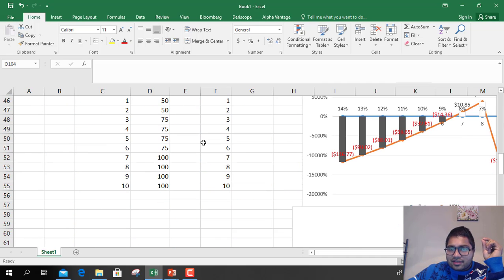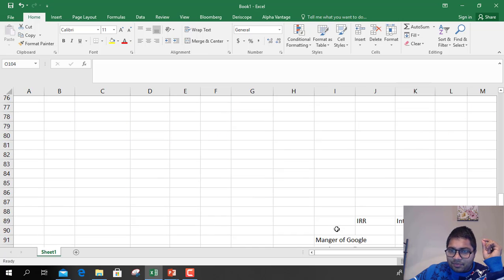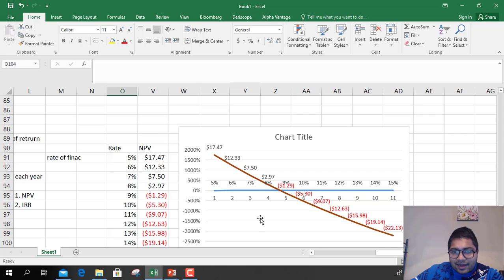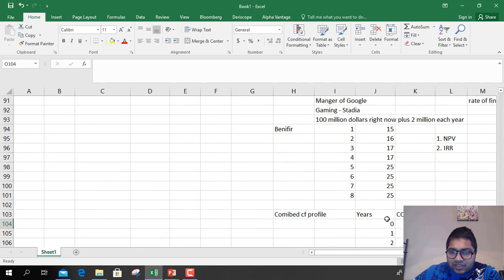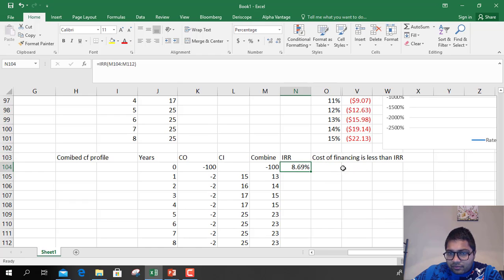Then we discussed how to calculate NPV, how to create this NPV chart. We created charts for 2 or 3 projects, right? What is this rate? This is the rate at which NPV becomes 0, which is nothing but the rate generated by the project. You will accept the project when cost of financing is less than the calculated rate.